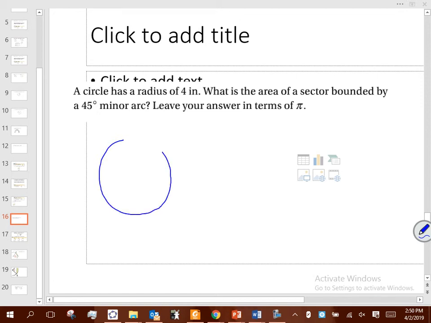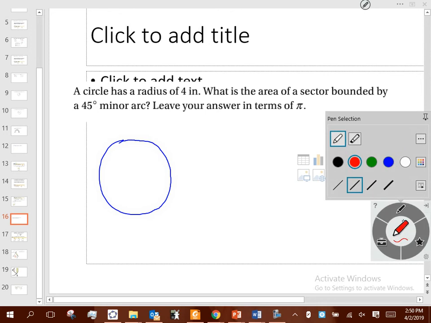What does the word bounded mean? Within bounds, would you say stuck by? When I see bound, I'm thinking constrained. Restricted. Does that make sense? Or within. So when they say bounded, it's basically giving you your limits, your segments and arc that create your sector.